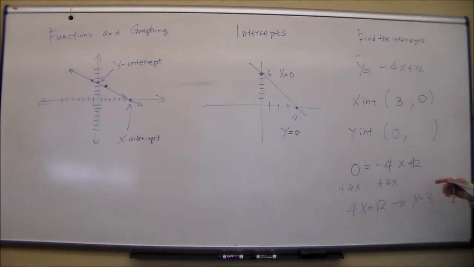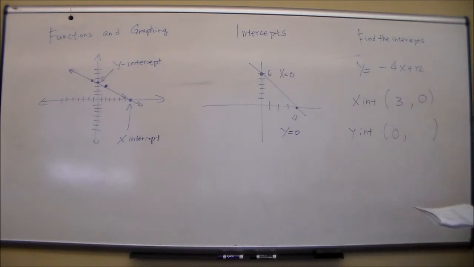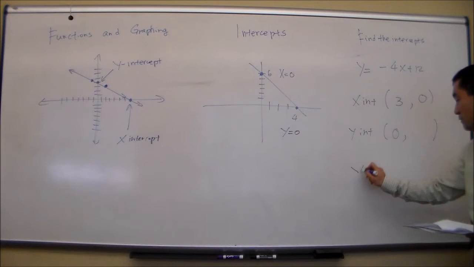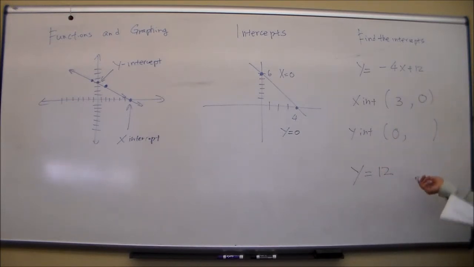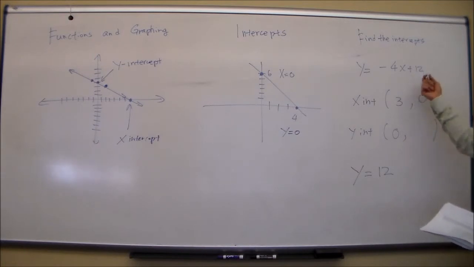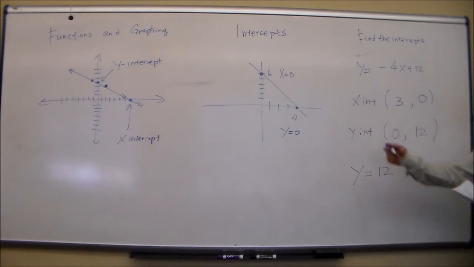Let's do the y-intercept. The y-intercept is the easiest thing, as you see. Let's say I plug in that 0 for x. So what does that mean? y is equal to, this goes away, 12. Boom. It's this number right here, 12. So if the question says find the intercepts, you always have to find two of them, the x-intercept and then the y-intercept, for a complete solution, a complete answer.